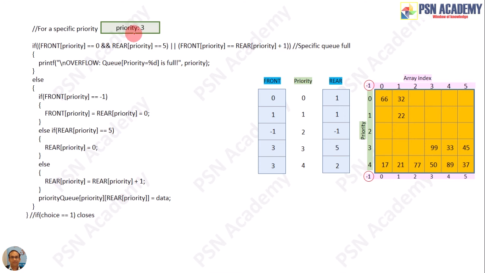Suppose the user has given priority 3. Now come here and look at the figure. This is priority 3, where front 3 is at 3, and rear 3 is at 5. So the figure goes like this. Now a few seconds back, I explained to you what you should do if the rear is standing at the last index and there is a vacancy in the first index.